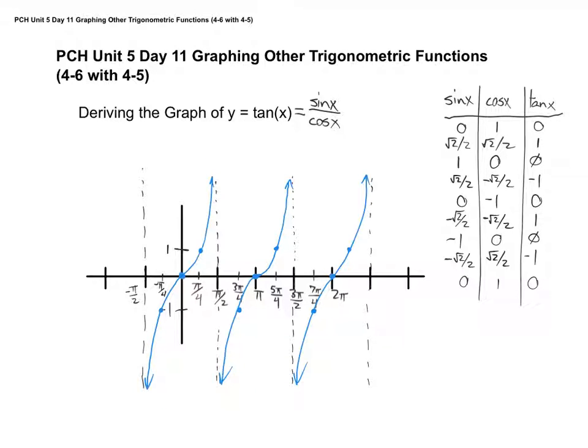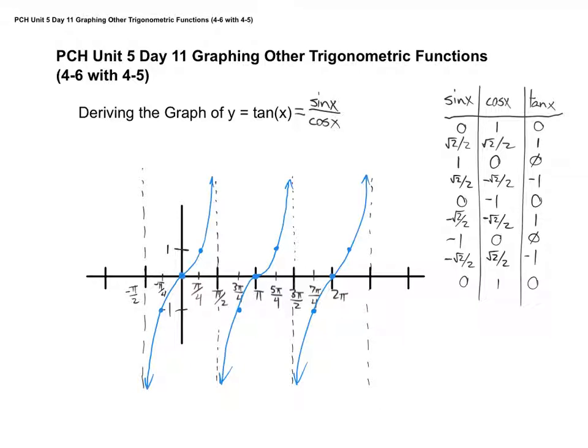What do you notice about the period on tangent? No, that's the domain. The range is infinite. But the period, it's 1 pi. Every unit circle, what happens? Okay.